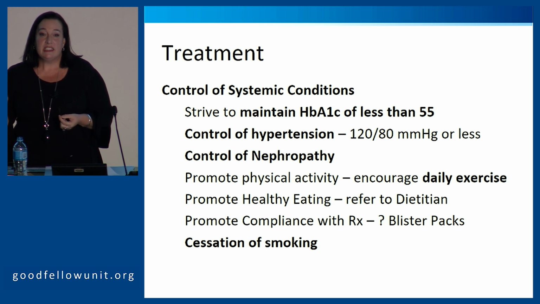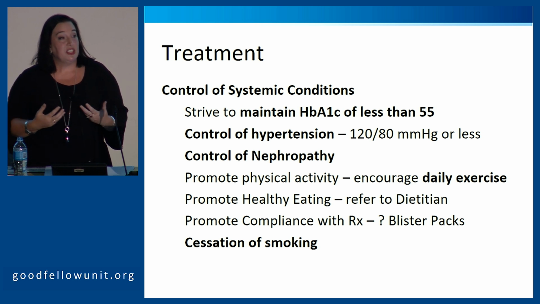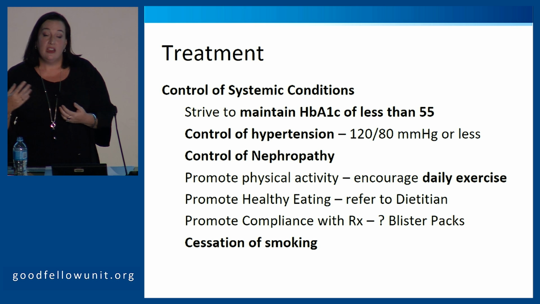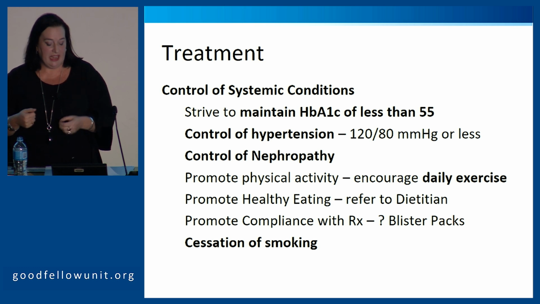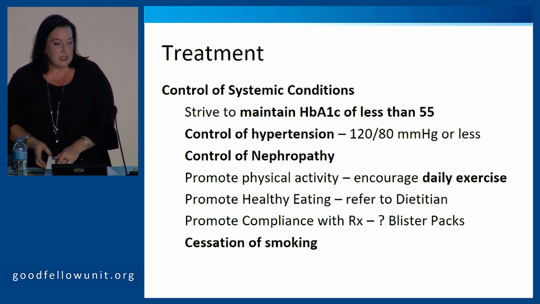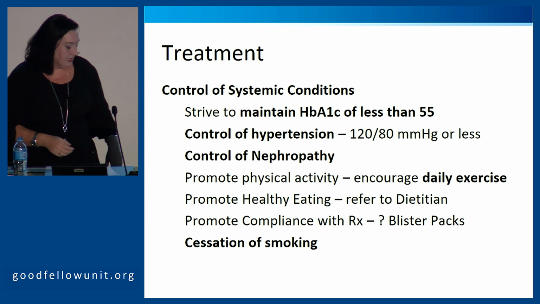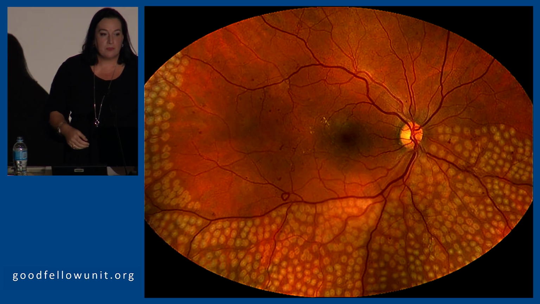We've all heard about it today. Actively encouraging that healthy lifestyle, looking at medications, how often are they missing it? Is blister packs an option? And of course, vessel health, we're looking at cessation of smoking.